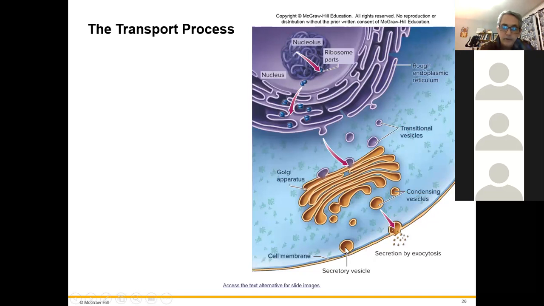And you can have a secretory vesicle where something is just secreted, and after it fuses, it can open up and release whatever these products are into the outside environment of the cell.